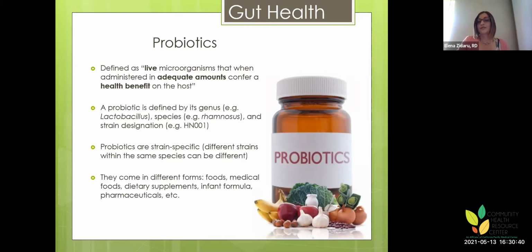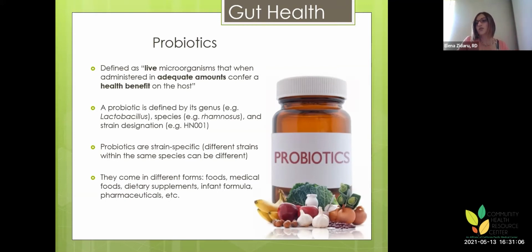A probiotic is defined by its genus, for example Lactobacillus, that's the genus. And then species, for example, Rhamnosus. Sometimes it's Acidophilus. So Lactobacillus can be different species, a lot of them. And then also the strain designation, which is very important. So probiotics have 3 important components: the genus, the species, and the strain designation.